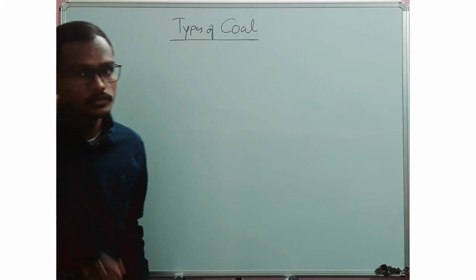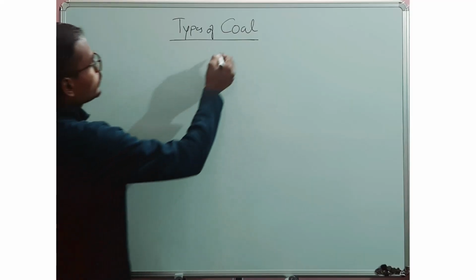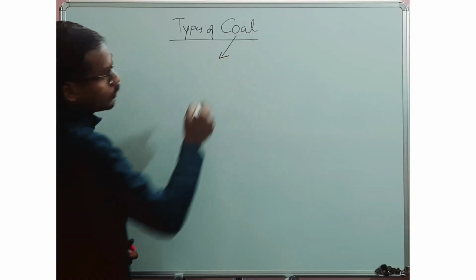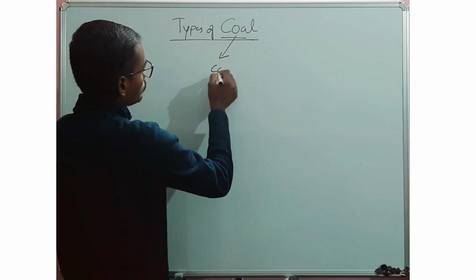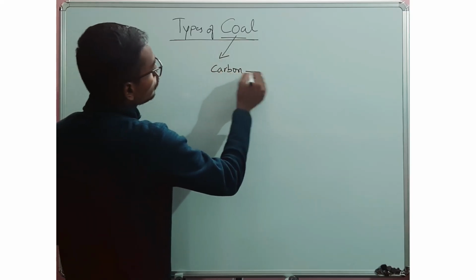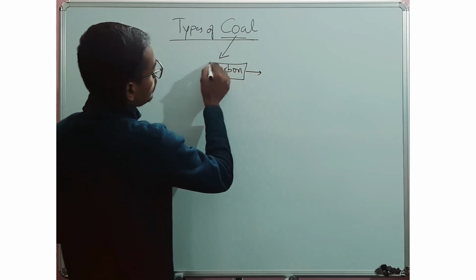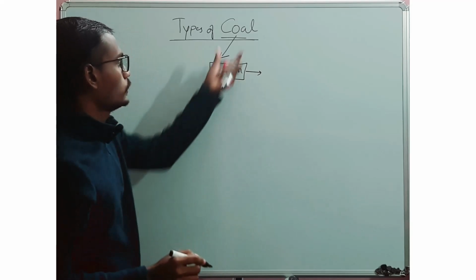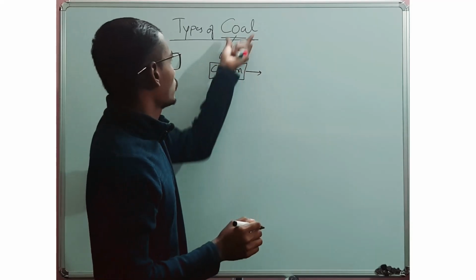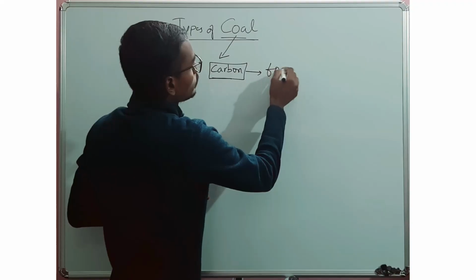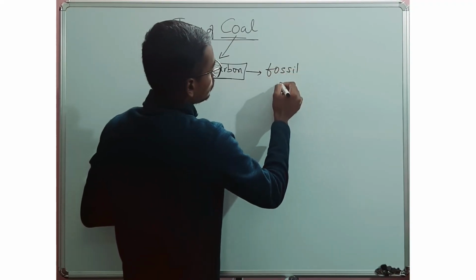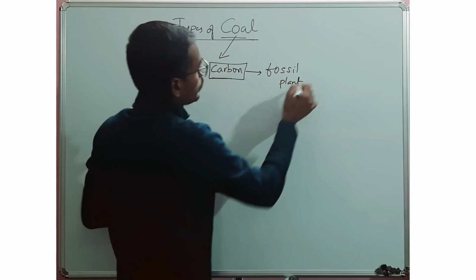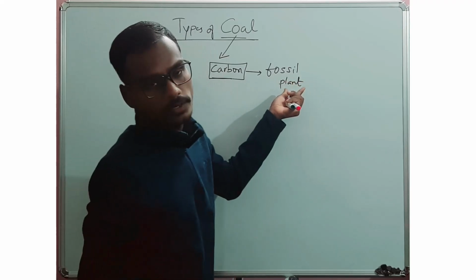First and foremost, the main constituent of coal we need to know is carbon. Why is the content of coal carbon? Because coal is the fossil of plants. What does a plant constitute?